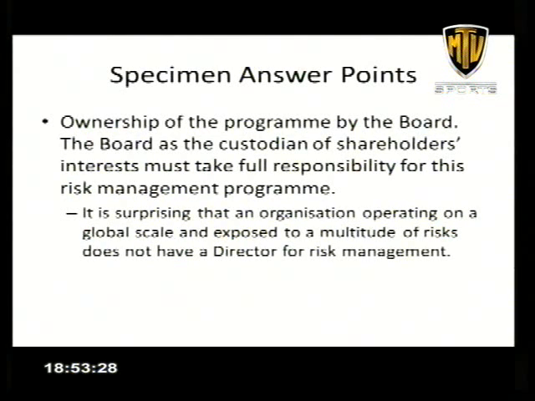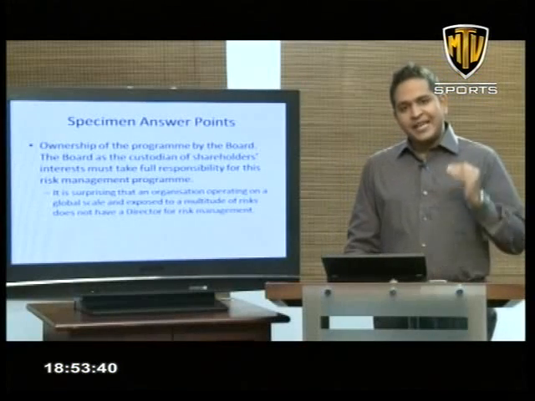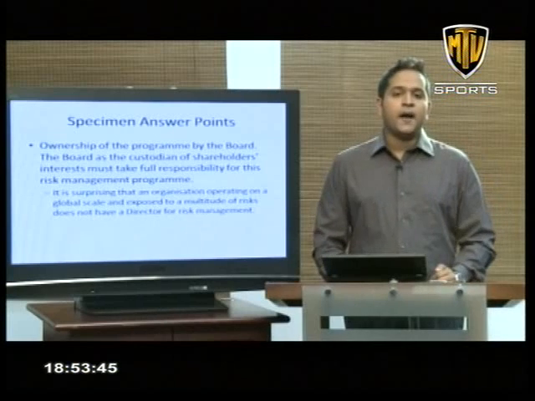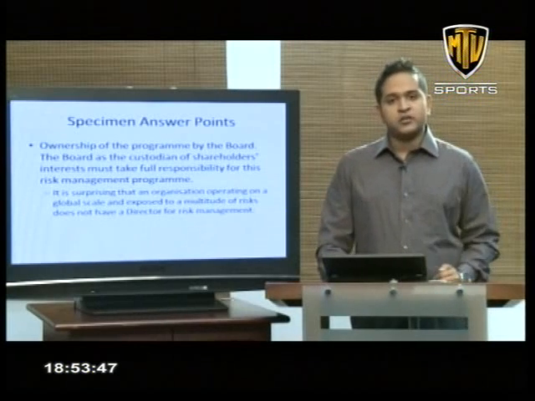So this direction should come from the chairman and from the NEDs who are really focused on compliance, who are focused on risk management, to ensure that there's blessings, there's direction from the top management itself, so that risk management could be a top-down approach which could cascade along the hierarchy.